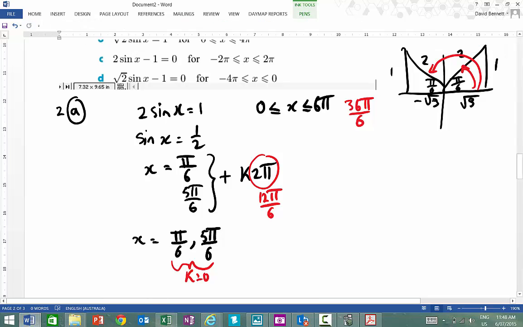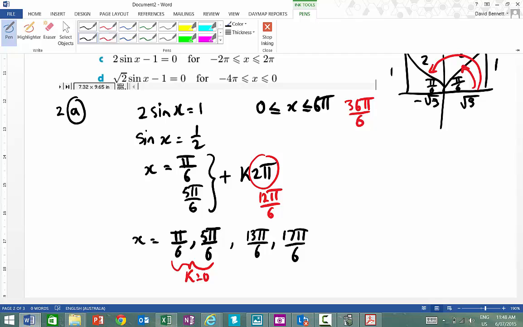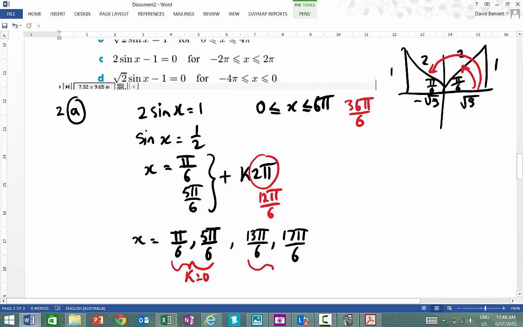The next value we can have is to add 12 pi on 6. So that's going to be 13 pi on 6. 5 plus 12 is going to be 17 pi on 6. That happens when our k value is equal to 1. Right?